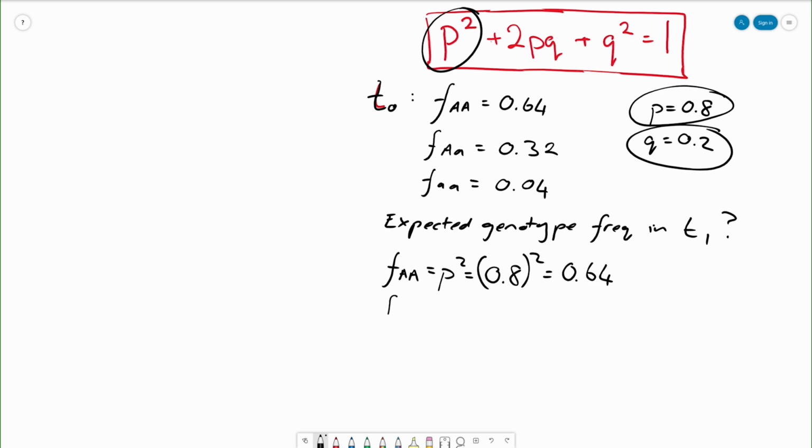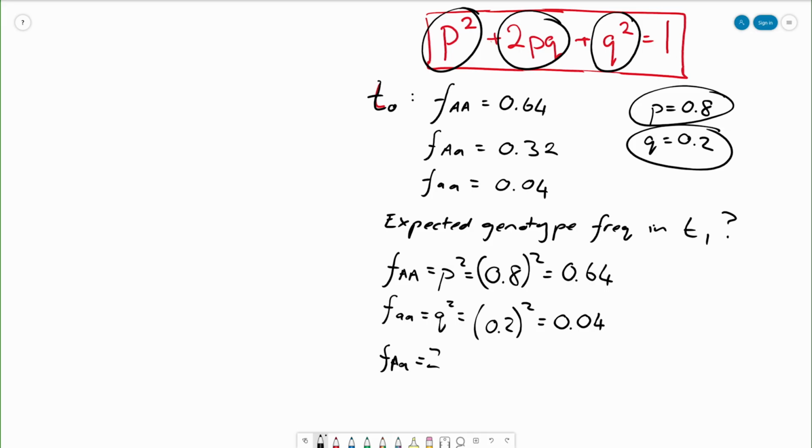The frequency of the little a is simply going to be q squared from Hardy-Weinberg's law, which is equal to 0.2 squared, which equals 0.04. And then our heterozygotes, big A little a, are going to occur with this frequency 2pq, which is 2 times 0.8 times 0.2, which equals 0.32.